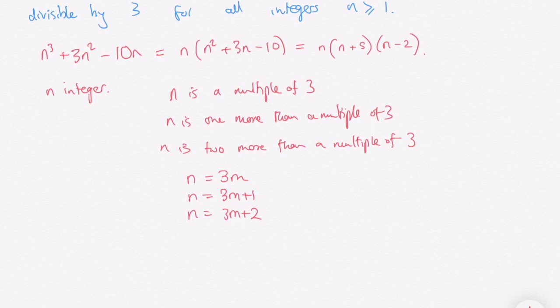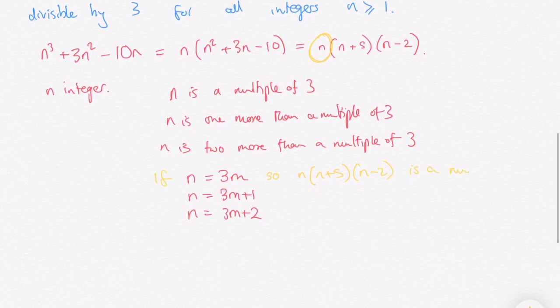Well, if n equals 3m, we definitely have a factor of n here. So this is definitely divisible by 3 because n itself is a multiple of 3. Well, if n equals 3m plus 1, then n plus 5 is equal to 3m plus 6, which is a multiple of 3 because this is 3(m plus 2).